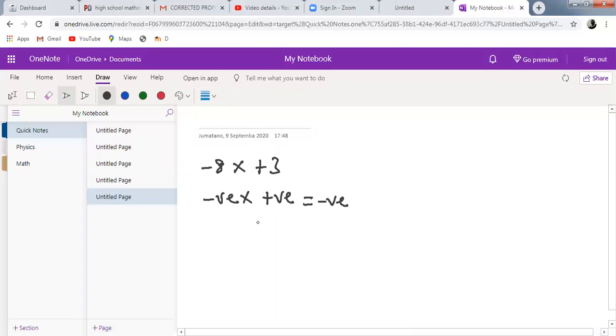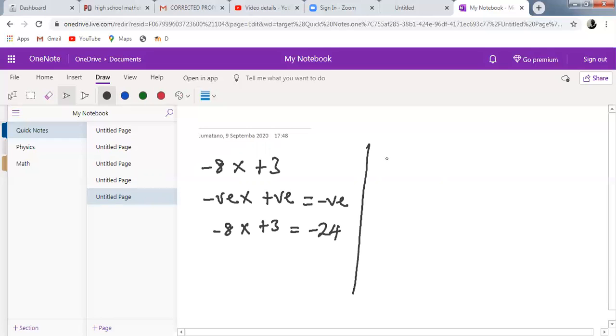So in this case, we find that negative 8 times positive 3 is actually negative 24. We can have another scenario. In this case, a negative times a positive is a negative. That's why the answer is negative here.